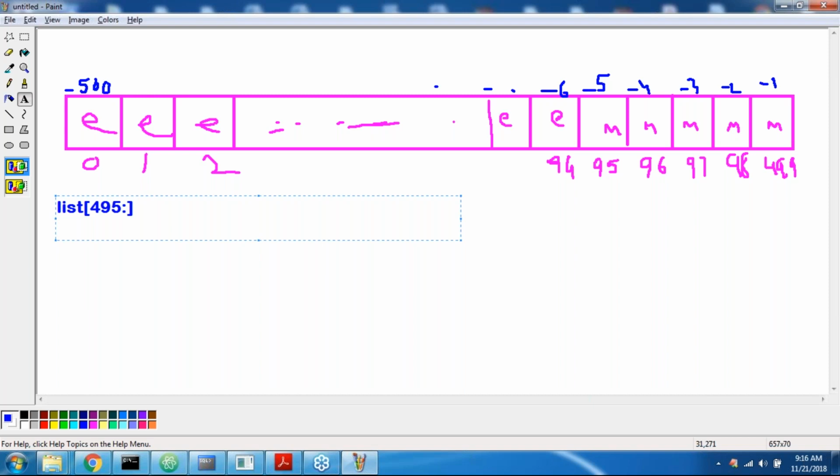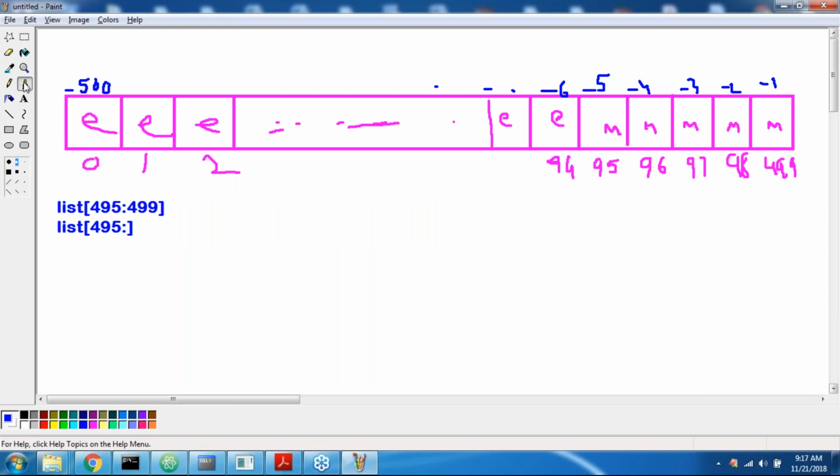Can I take it like this? 495 to end, where end means 499. Yes, it is acceptable. Or L of 495 to last. Can you please tell what it is going to provide? Only management names.